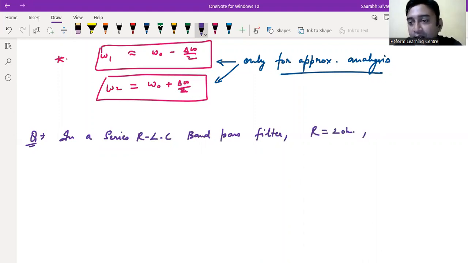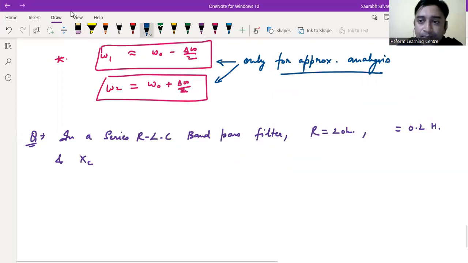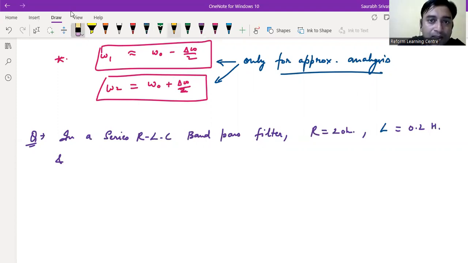Suppose inductance L is equal to 0.2 millihenry, and capacitance C is equal to 2 microfarad.